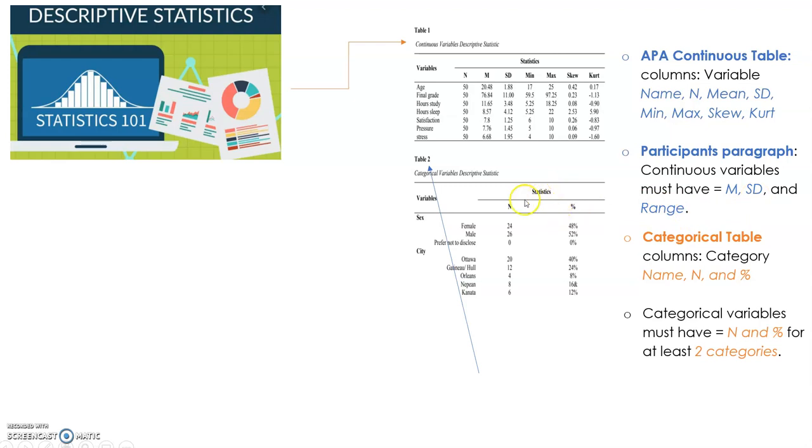And for categorical variables, when you write the participant paragraph, you have to provide the number out of the total and the percentage, and also at least two categories. So, for instance, in this variable, you have to tell about one city and the second city also. And be careful about the table number in bold, and under the table number, you have to write a title in italic.